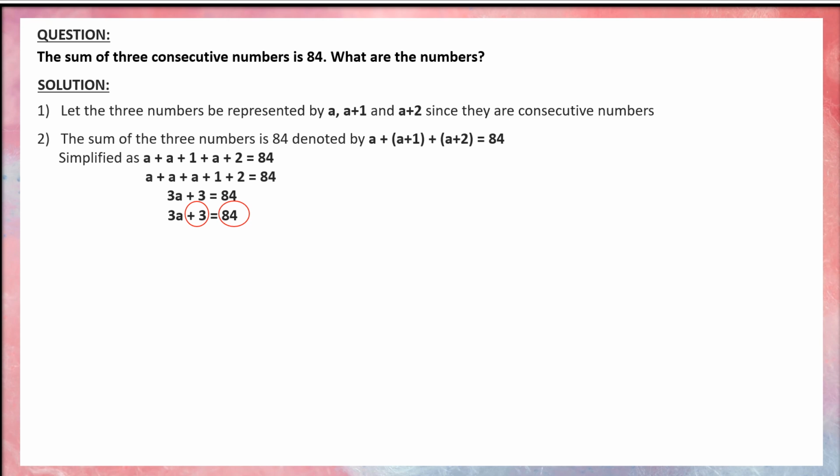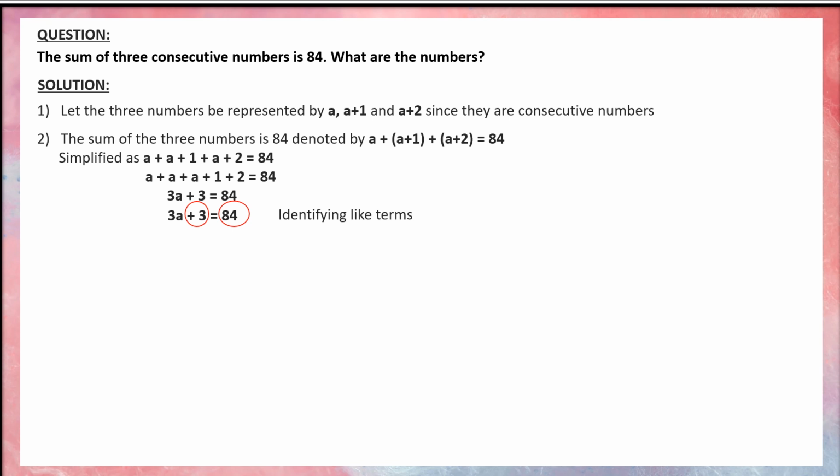So since there is a number on the left hand side, which is 3, and there is also a number on the right hand side, which is 84, we can take the 3 to the right hand side. On the left hand side, 3 is positive. By the time it goes to the right hand side to meet the 84, it becomes negative.